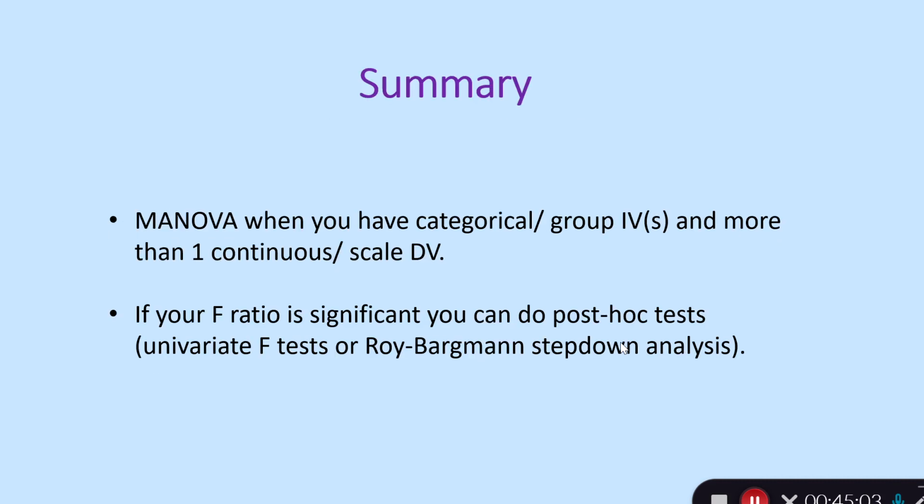Okay, so that's it. In summary, what we've covered in this is that MANOVA is an analysis we use when we have categorical group data and we have more than one scale or continuous dependent variable.